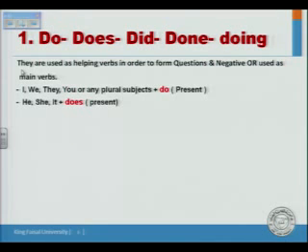We can't use do when the subject is a third person singular subject, like he, she, and it, or a singular noun. And the past of do is did. So did is used after all kinds of subject, whether they are singular or plural.